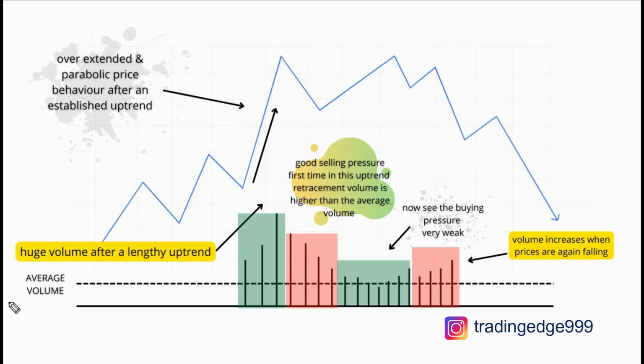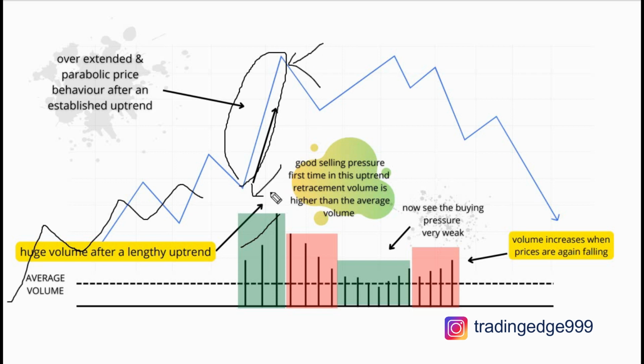That after such a huge upward momentum, volumes are suddenly increasing with huge price behavior towards the upside. This could be a sign of a potential exhaustion in the markets. And here the institutions are potentially exiting their positions.